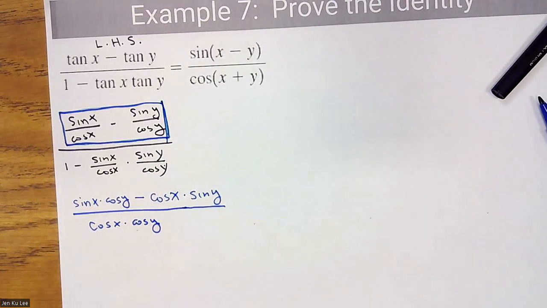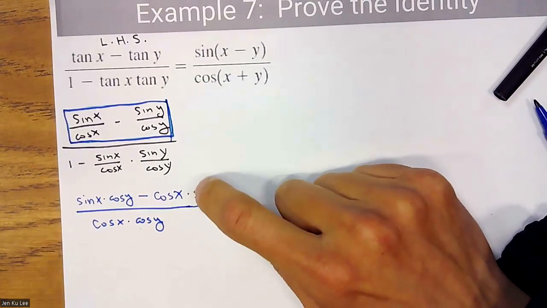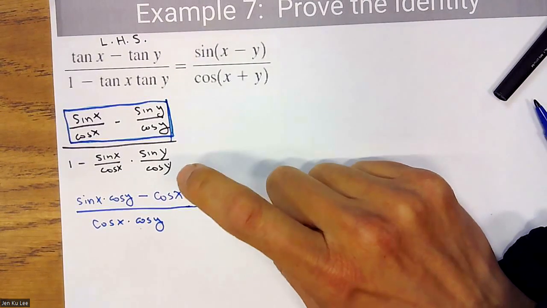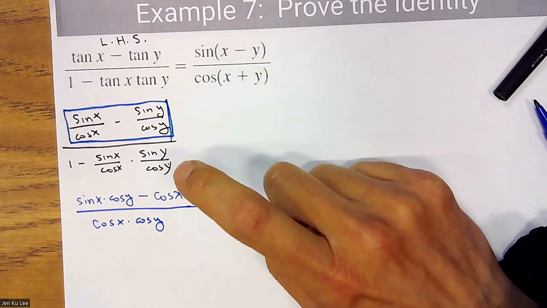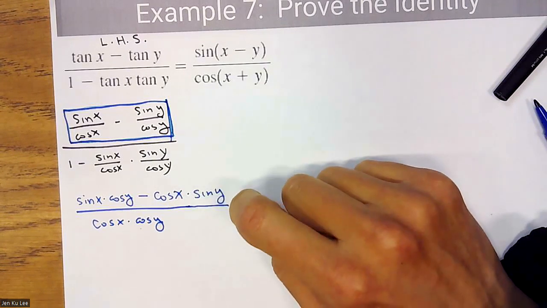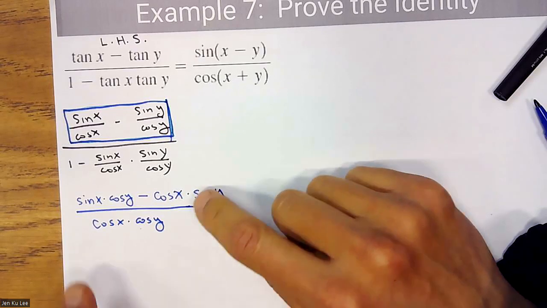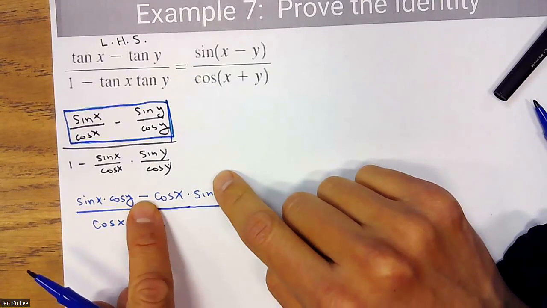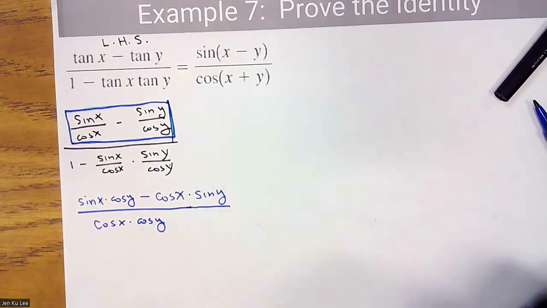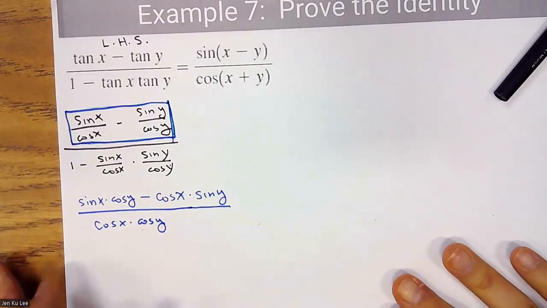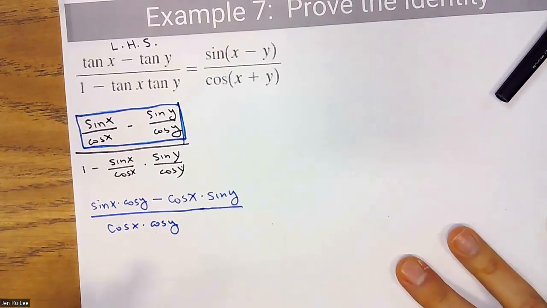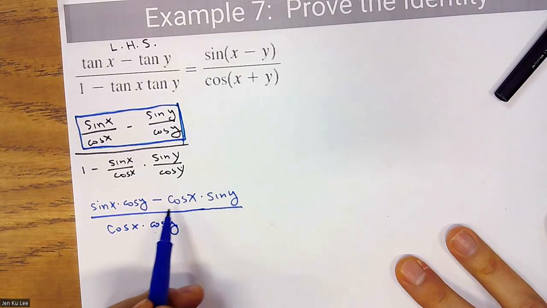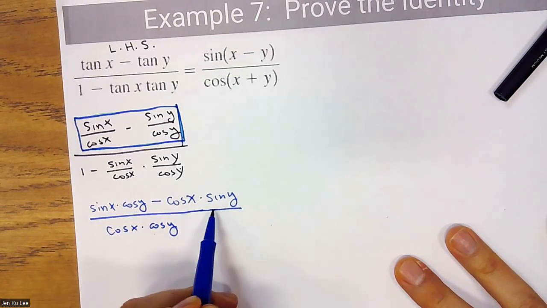Now I look at it, and the numerator of this fraction looks similar to one of my addition and subtraction formulas for cosine and sine, because I'm multiplying sine and cosine here and subtracting the two. So you take out your formula sheet and try to look at that. If you don't have your formula sheet, I just take the first letters, SCCS.